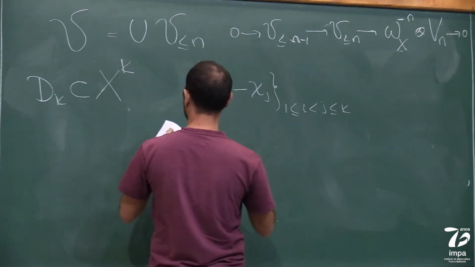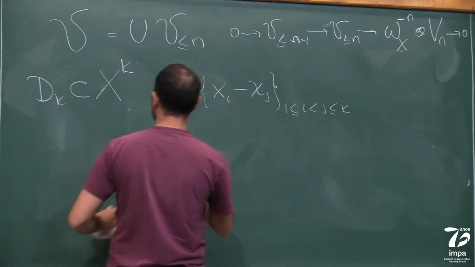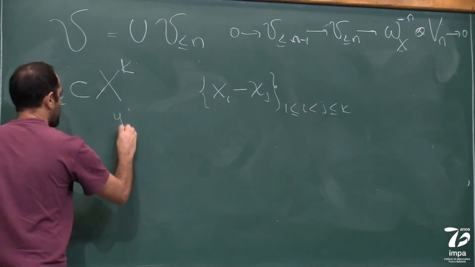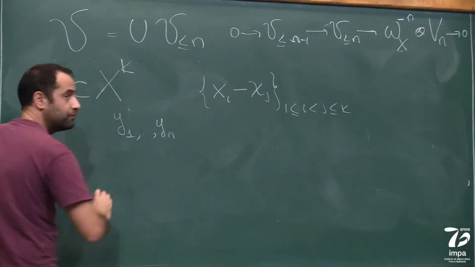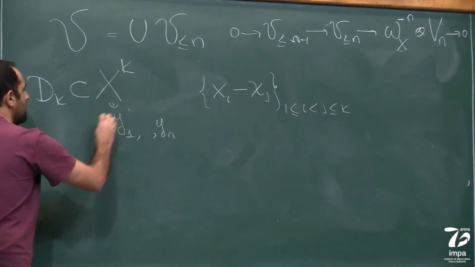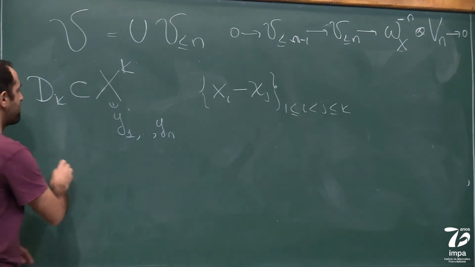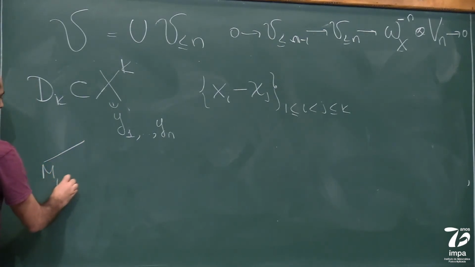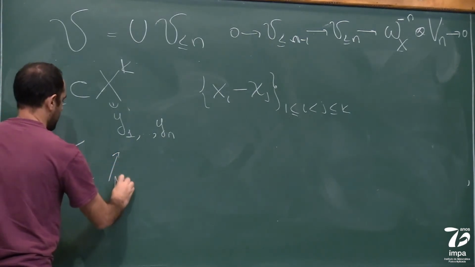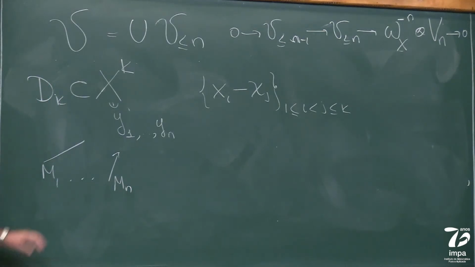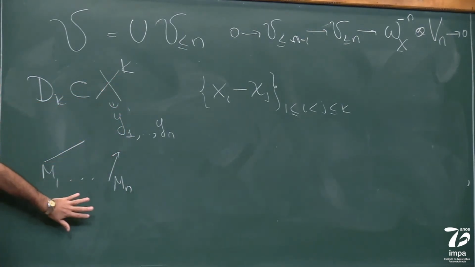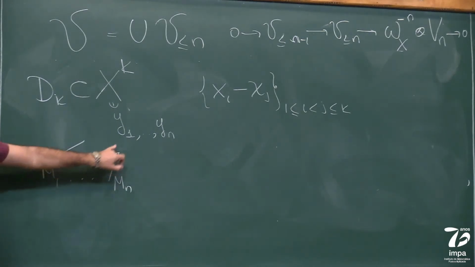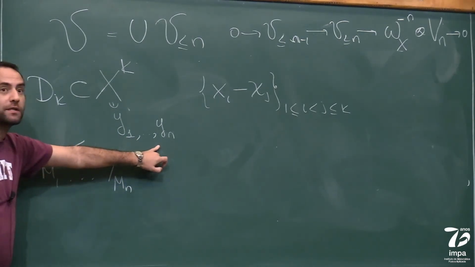So let's mark some points, which I'm now going to call y_1 up to y_n, the marked points where I put the modules M_1 up to M_n. So I have k copies of the curve, and I have n modules that live at very precise marked points on the curve.